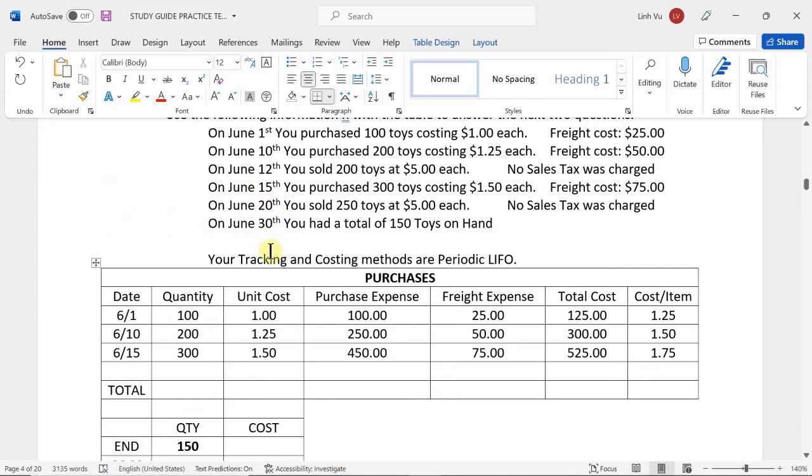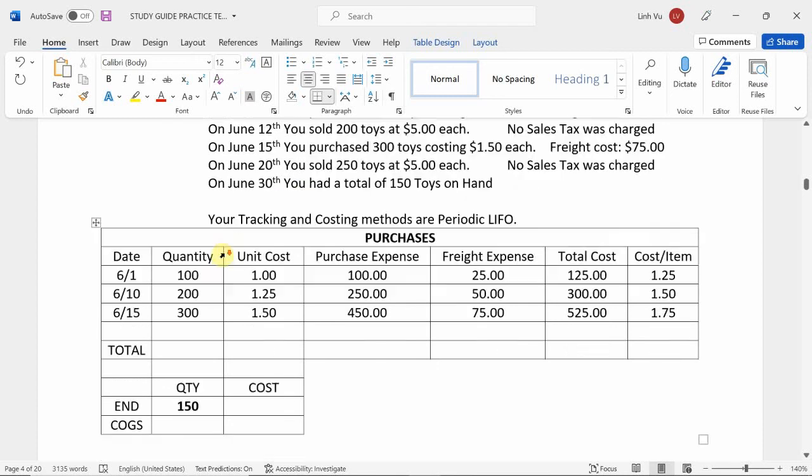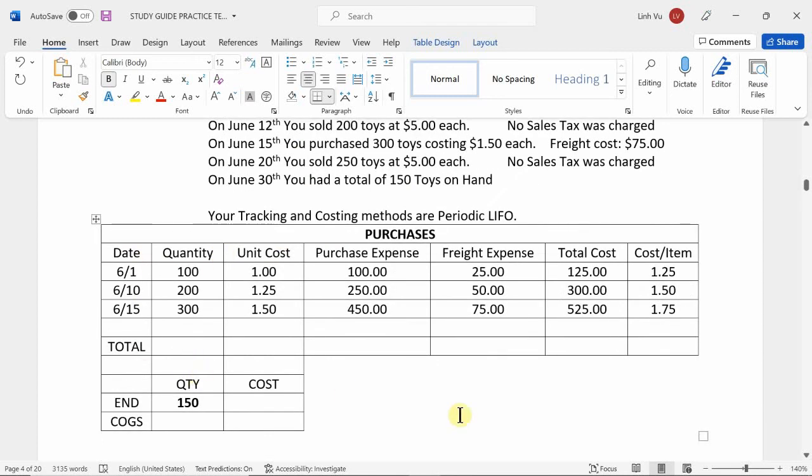And then last but not least, June 30th, you have a total of 150 toys left on hand. Now let's total up our sums. We have a total of 600 units. What's my total purchase price? 800, plus my freight of 150 equals a total of 950.